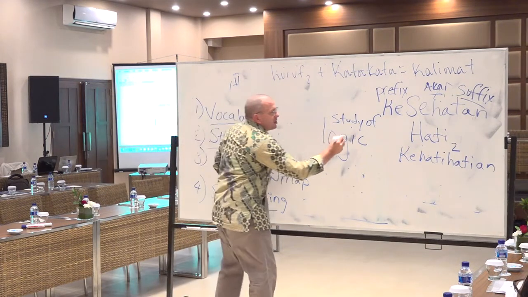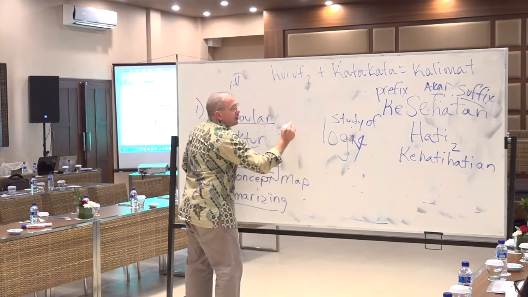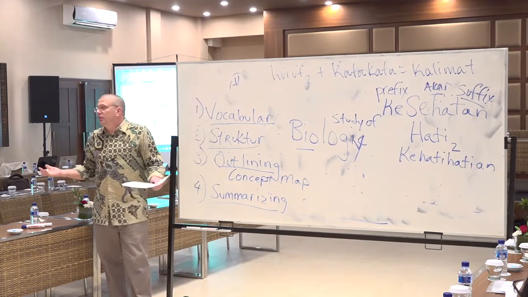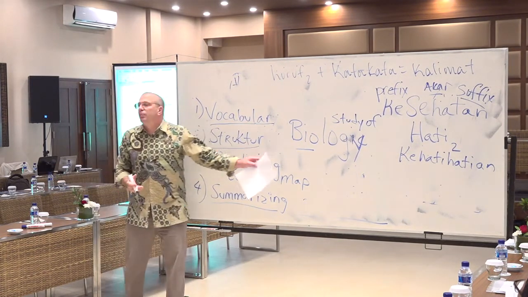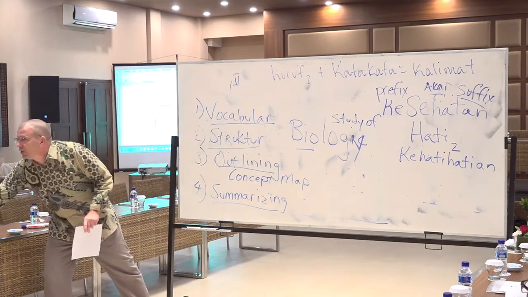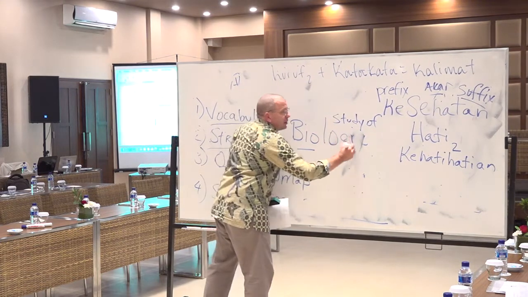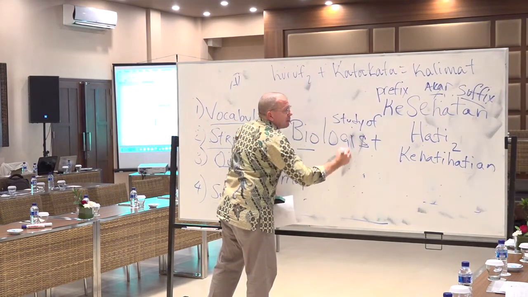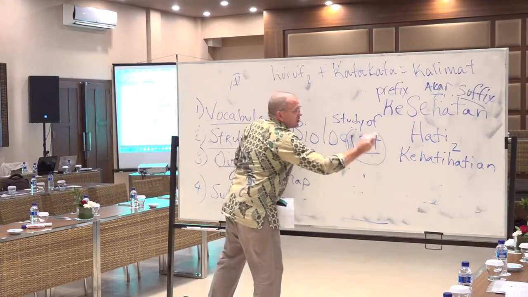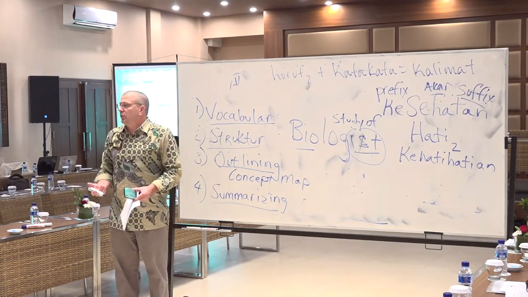So we can change this to a Y and add a word like life in front of it. So we get the word biology. Or we can talk about a person who studies biology. It's apa? A biologist. So this part of the sentence, it changes the nature of the noun.